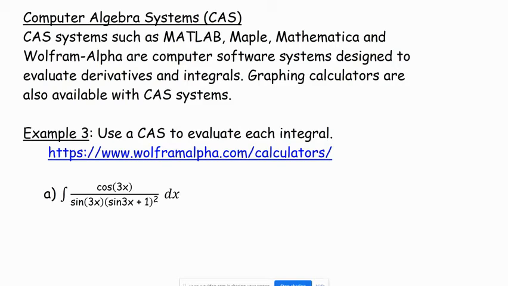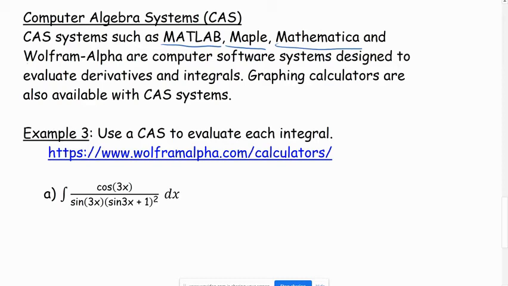There are also software packages like MATLAB and Maple and Mathematica that you actually have to pay for, and you get very sophisticated math systems that can solve many different differential equations, integrals, derivatives, you name it. These programs are built to do those for advanced mathematics.